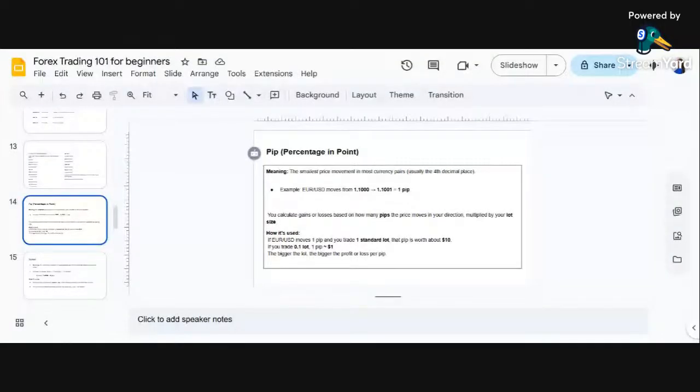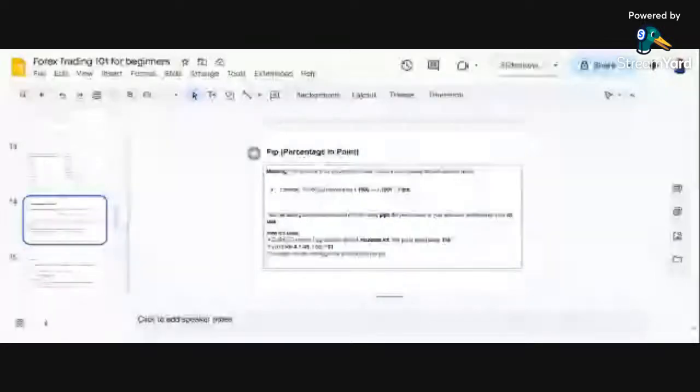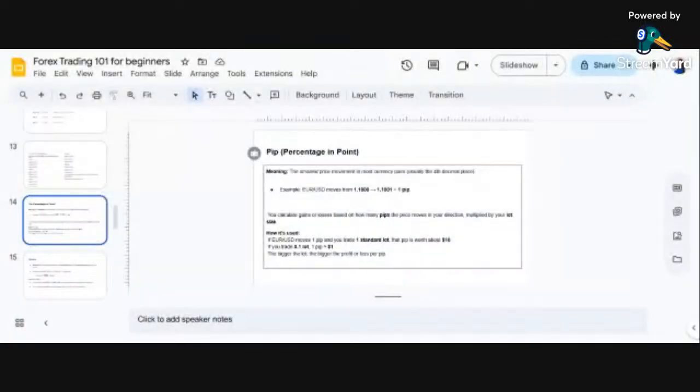For example, with a standard lot, if the market moves 1 pip, you will make $10. And if the market moves against you 1 pip, you will lose $10.